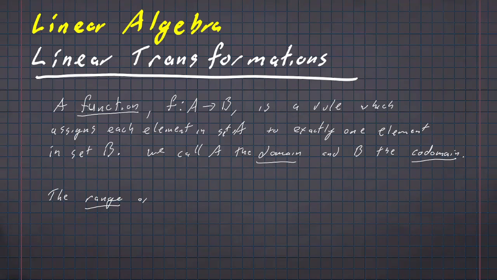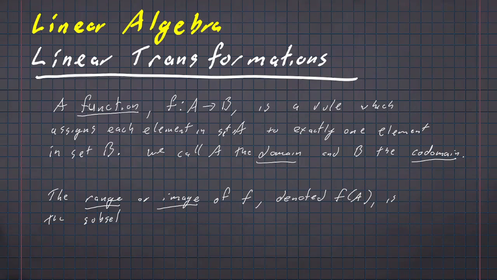The range or image of f, which we denote as f of A, is the subset of B which f actually can reach.